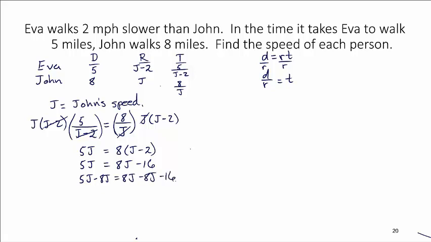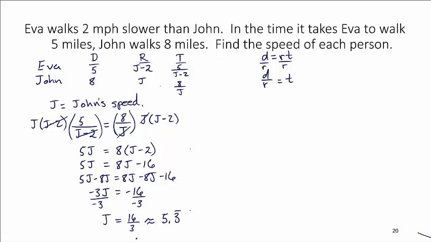Minus minus 16. So 5j minus 8j is negative 3j, and on the right-hand side, I'm going to have negative 16. Now divide both sides by negative 3. j is equal to 16 thirds, or 5.3 repeating, miles per hour.